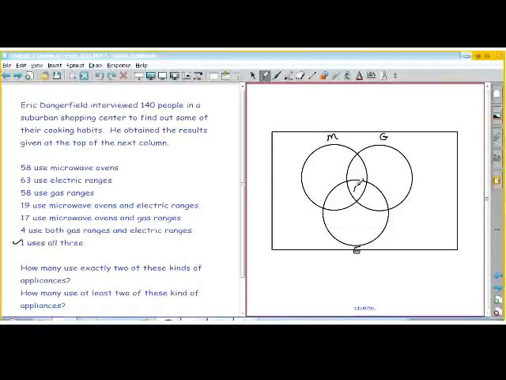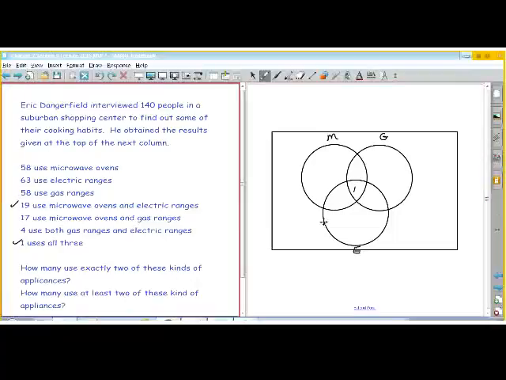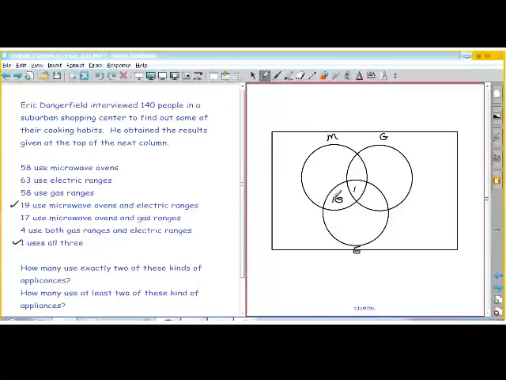Check that off, put the 1 in the middle. Then we look for the intersections of 2. Here's these two things. This is the intersection of microwaves and electric. The total has to be 19, so this one has to be 18.